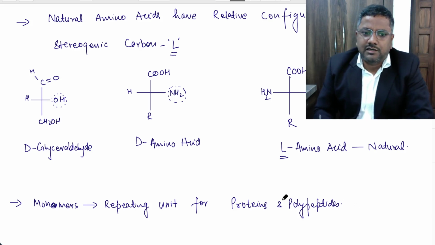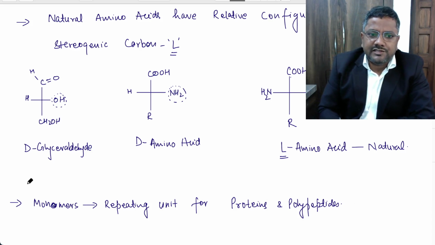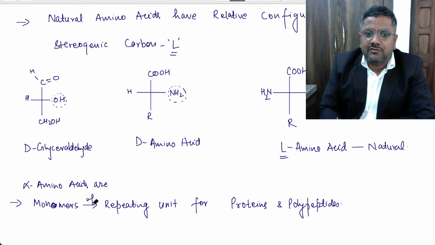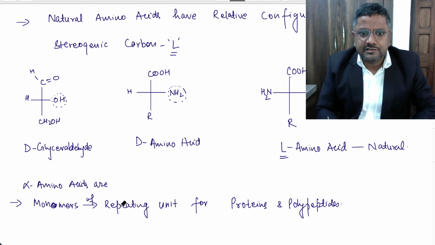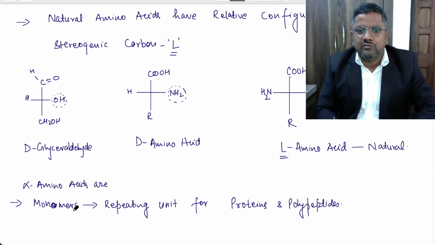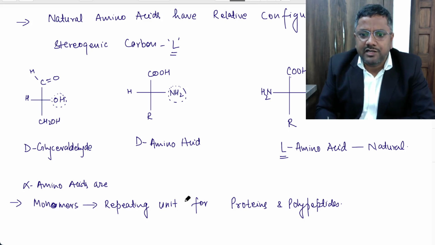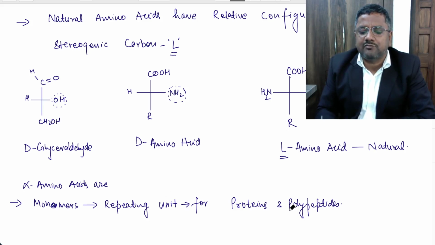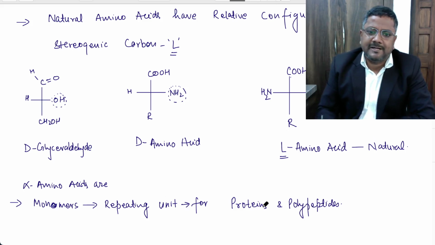So amino acids are monomers, meaning the repeating units for proteins and polypeptides.